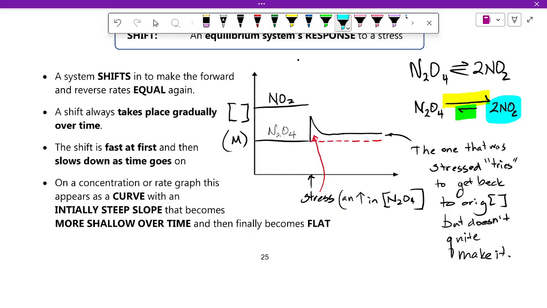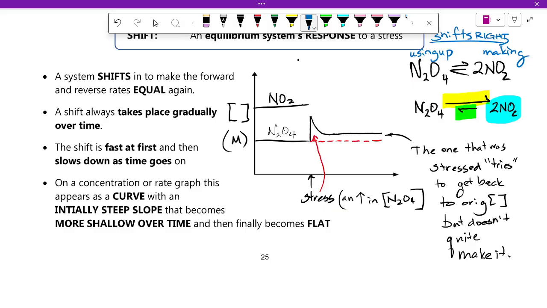So we are making more of it. And it makes sense. If we are using up N2O4, we must be making NO2, because the reaction's shifting to the right. And that means our concentration of NO2 is going to go up.